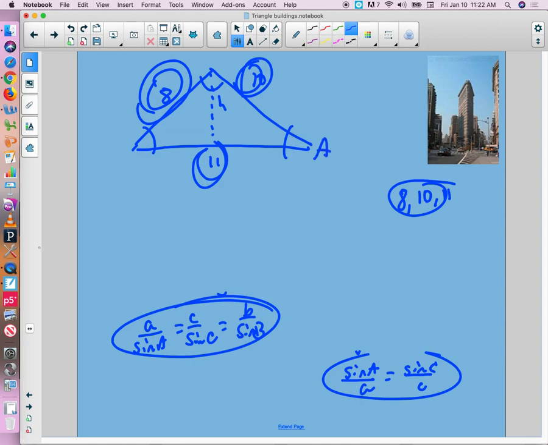So let's call this A, B, and C. I'm going to have 8 over sine A and 10 over sine B and 11 over sine C. So those are my ratios. Oh, apparently maybe I put those on the bottom.